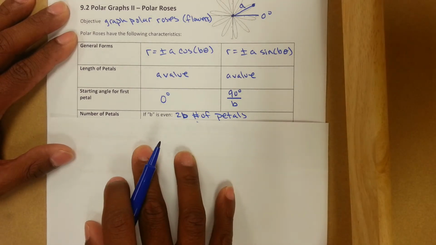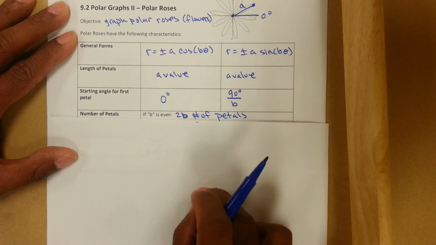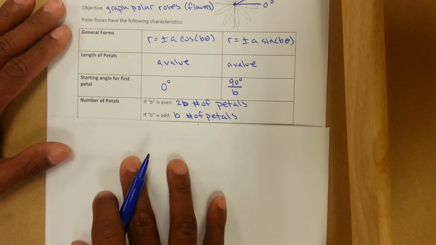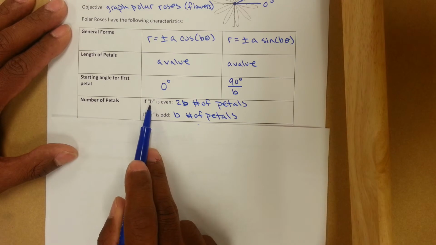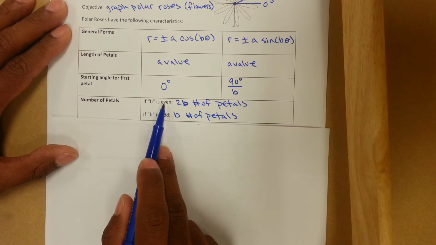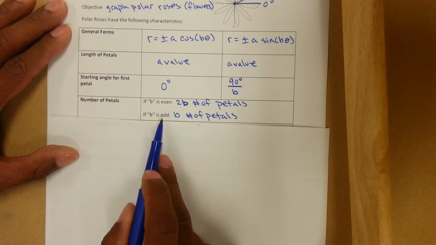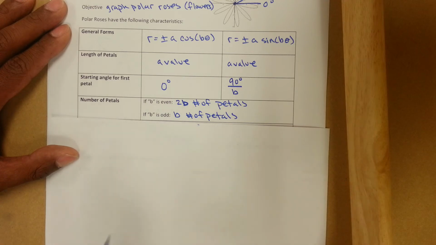However, if b is odd, in other words, 3, 5, 7, then that odd number is just going to be the number of petals. So if your coefficient is even, such as 2, 4, 6, 8, the number of petals is going to be twice that. However, if b is odd, such as 3, 5, 7, 9, b is just going to be the number of petals.